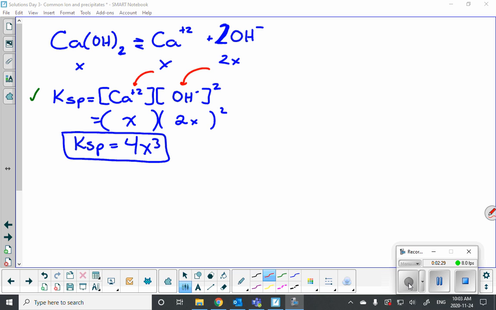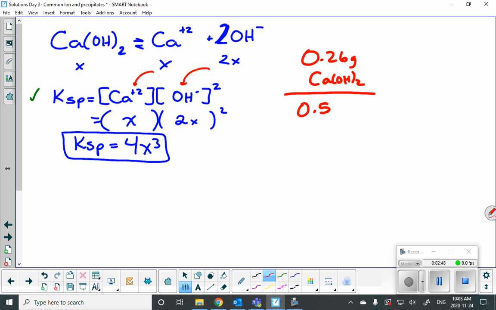What they gave me, instead of directly giving me x, was grams and liters. They told me that we had 0.26 grams of the calcium hydroxide, and that was in 0.5 liters of solution. So what they're trying to give me is this x.